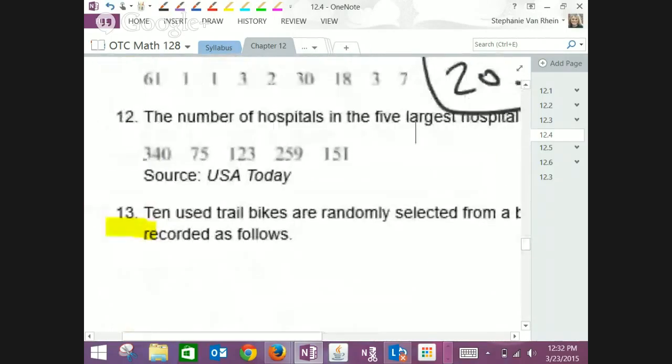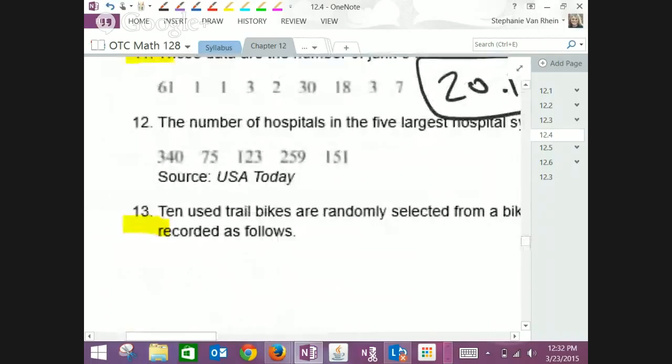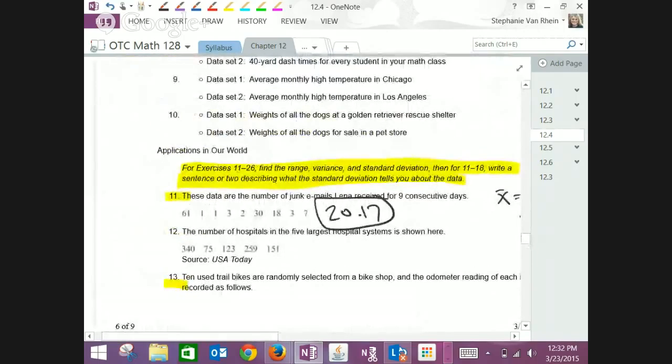You could see here the standard deviation might be higher because the numbers are higher. So standard deviation also depends on your data points. If I have numbers in the thousands, I'm going to expect my standard deviation to maybe be in the hundreds. But if I have numbers in the hundreds, my standard deviation is probably going to be in the tens.